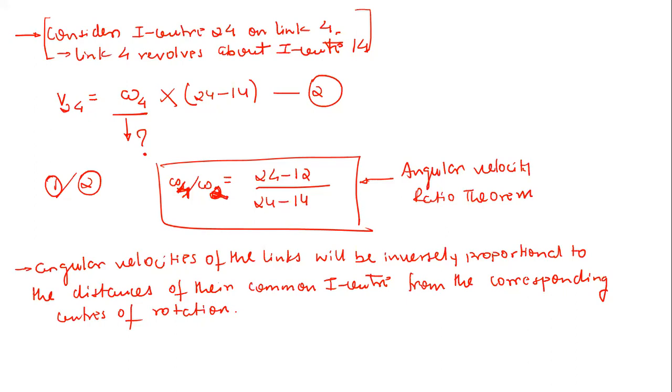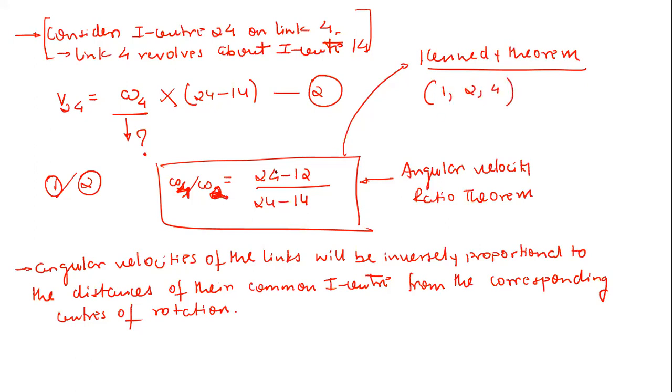So generally, always observe one thing: what we are actually trying to do here is simply applying the Kennedy theorem here as well. So always try to remember this, right? The Kennedy theorem deals with motion of three rigid bodies. So now here, how many rigid bodies are involved? 1, 2, 4. If you clearly see these symbols, I12, I24, I14, right?